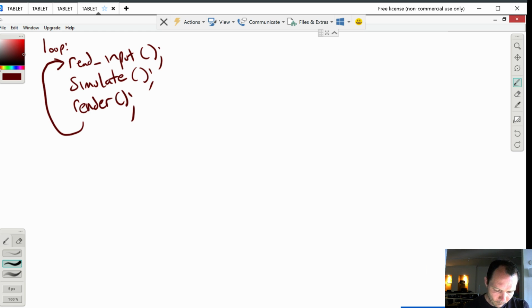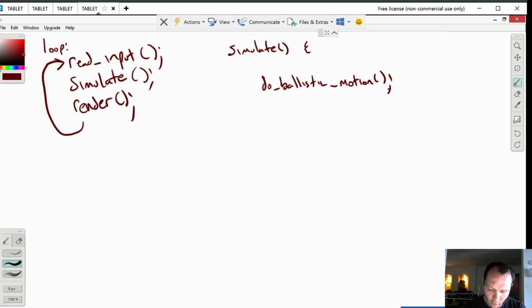Now, what does simulate mean? Simulate has stuff like, do ballistic motion in it, right? And in Braid, this is actually more complicated because we have to simulate things going forward in time and backward in time and whatever. That's a semicolon.